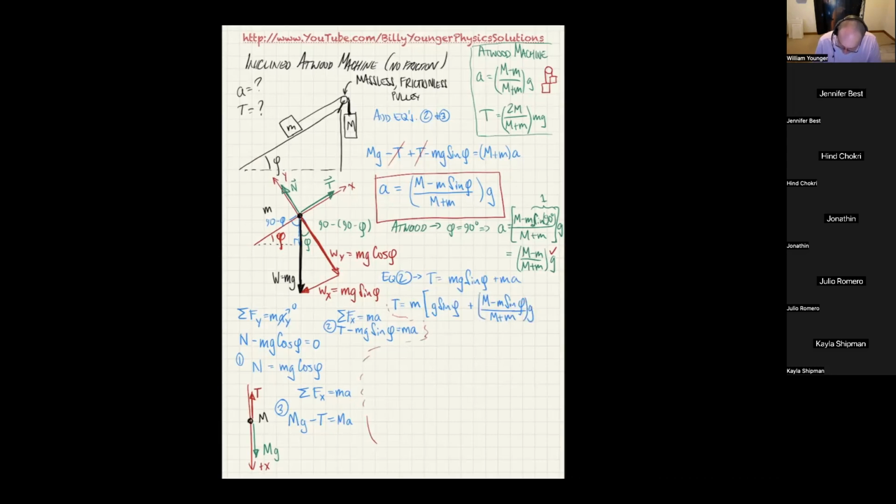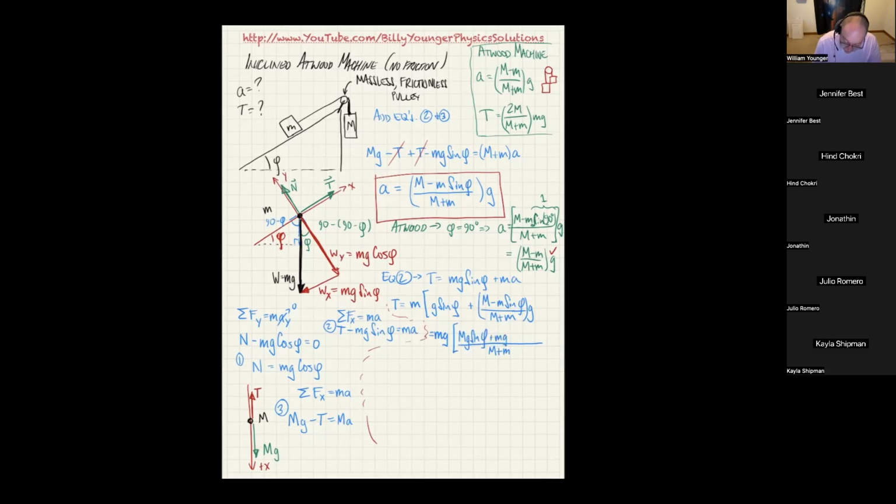Okay, now I have a common factor of mg, so I'm going to pull that out. And I'm also going to get a common denominator. That common denominator is going to be big M plus little m. Now, when I do this, I have to take the g sine phi and multiply it by M plus m. So I'm going to get big M sine phi plus little m.